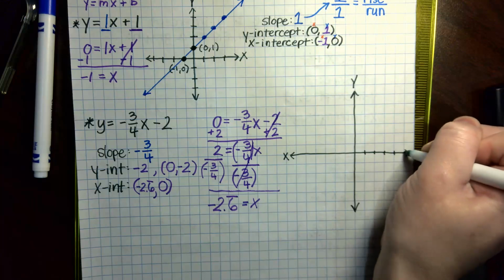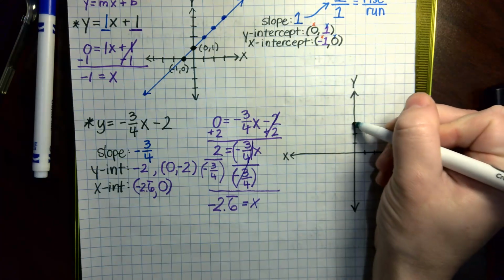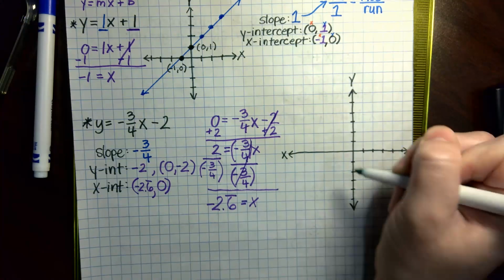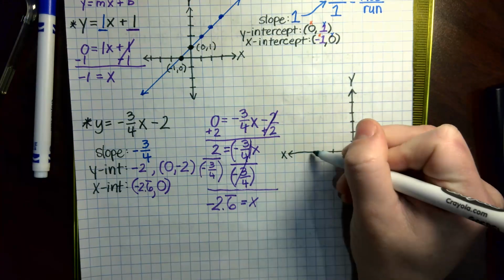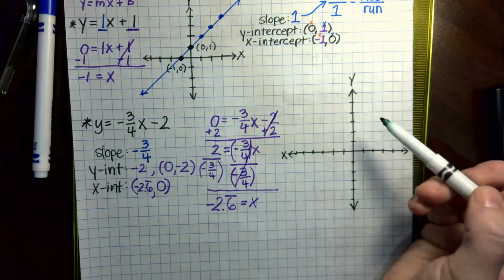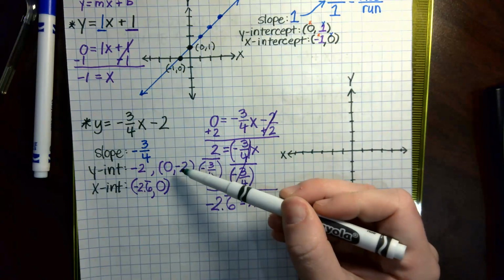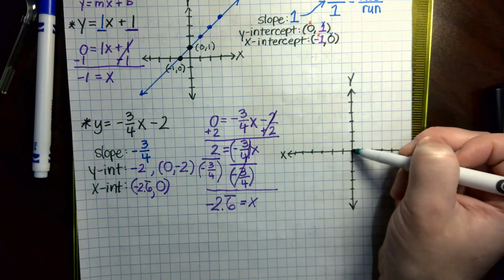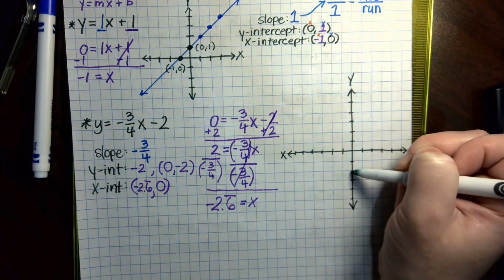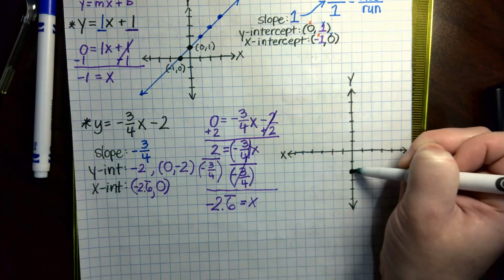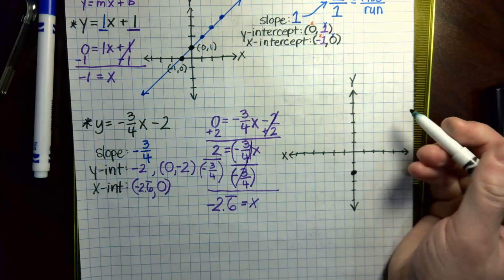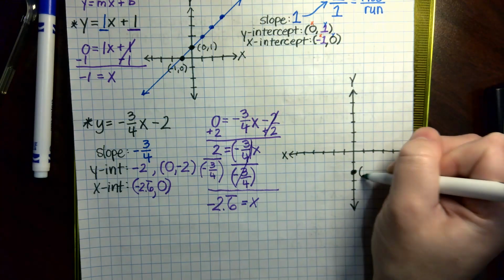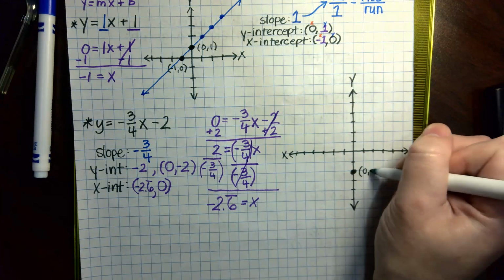So, let's go ahead and start by plotting that point once I get these little tick marks ready. So that means we're going to go over 0 in the x direction. And in the y direction, we're going to go down 2, negative 2. So here's 0 for x, negative 1, negative 2. And this right here is going to be my y-intercept. It's exactly where my line crosses the y-axis. So I'll label that 0, negative 2.